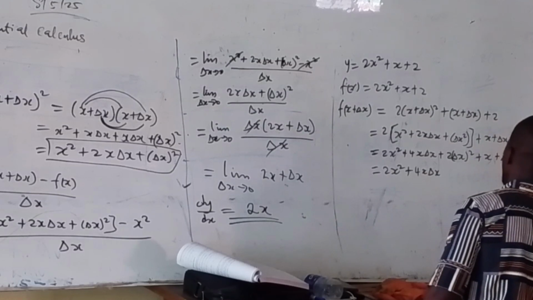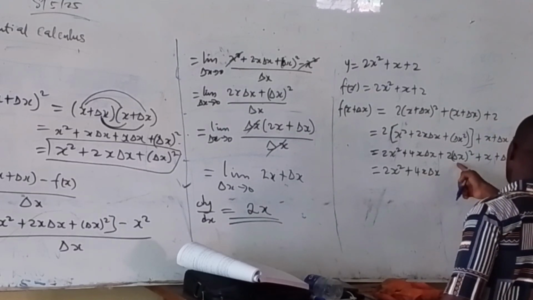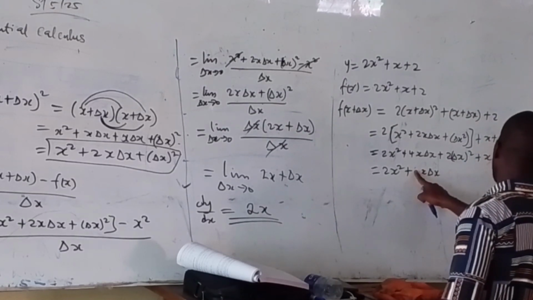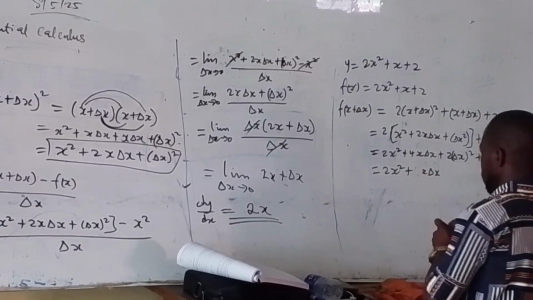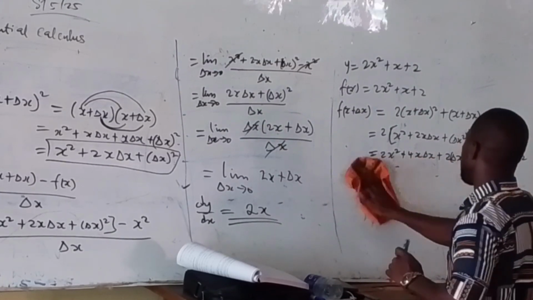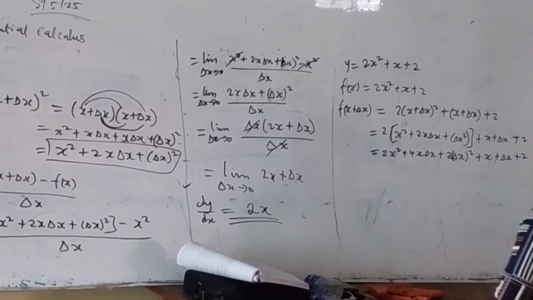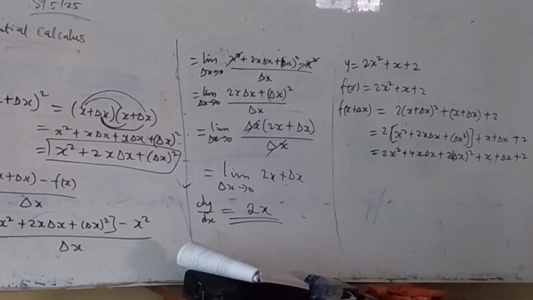There's nothing we can do to it. This is the last. There are no terms that can add up. So this is our f of x plus change in x.